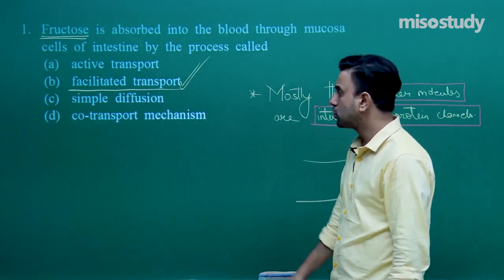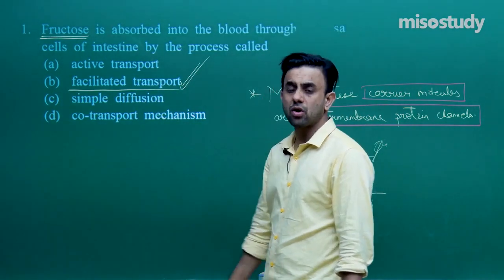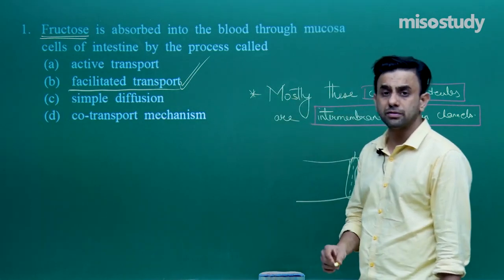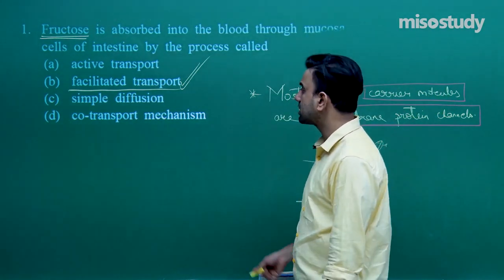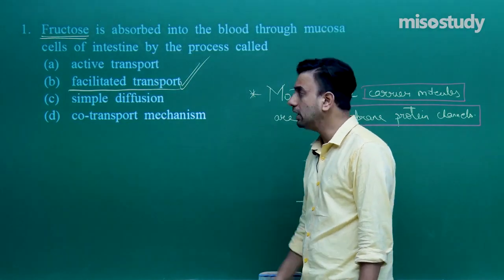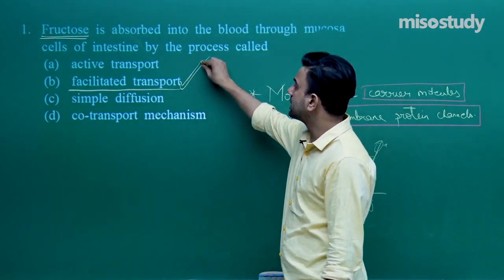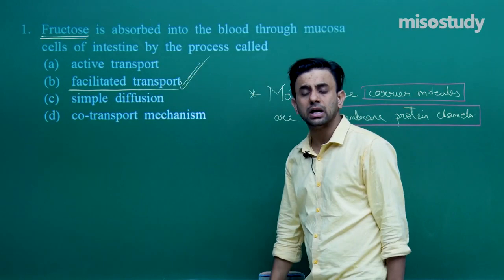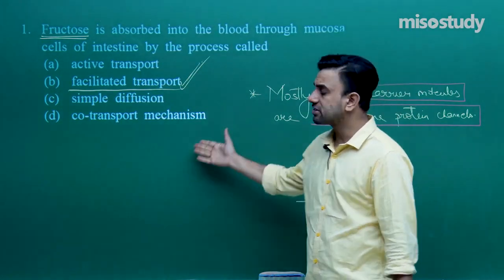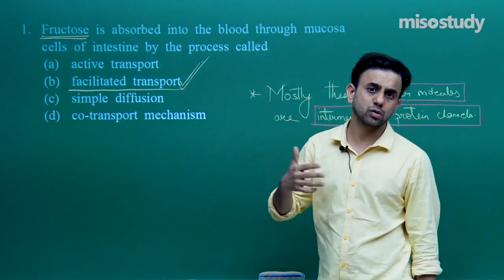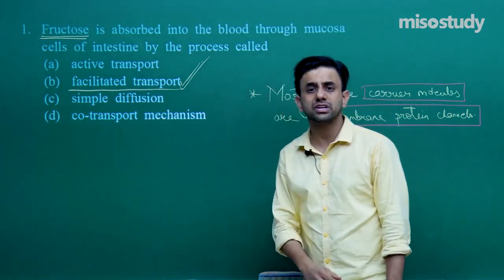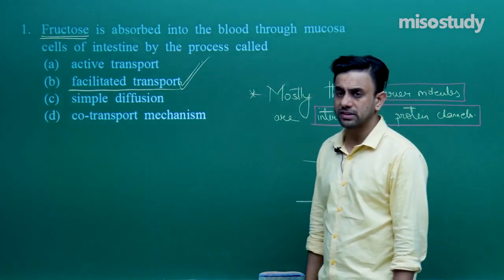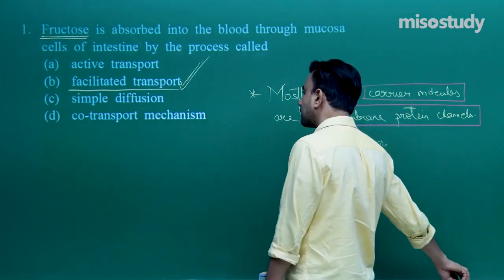Simple diffusion is always without the presence of ATP, a passive transport. Co-transport is the transportation of two substances together. So fructose is that of facilitated transport, right.